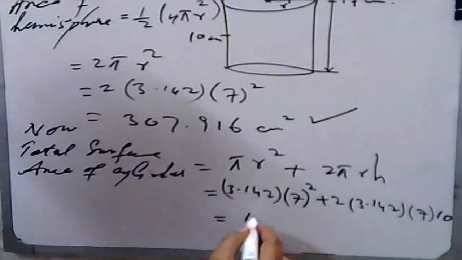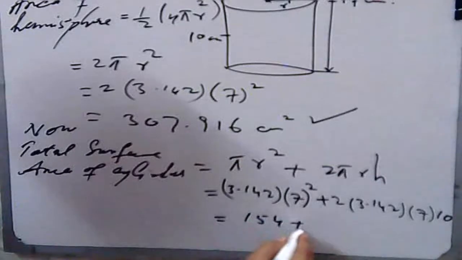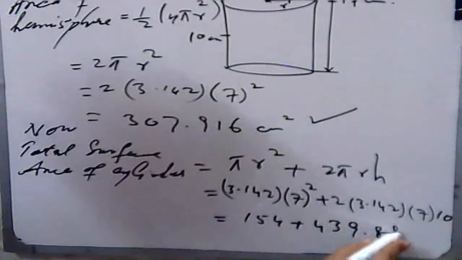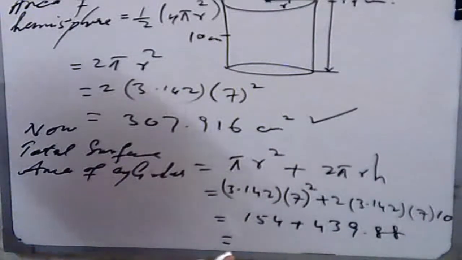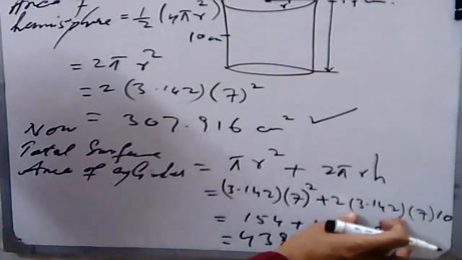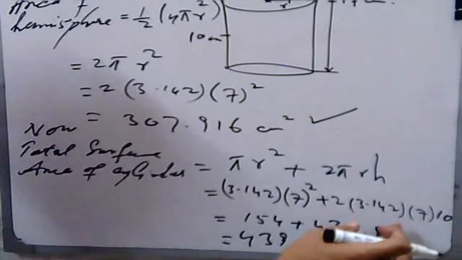So the total area will be equal to 439.88, that is after simplification, that is 154, and base area of a cylinder and curved surface area of a cylinder, that is 439.